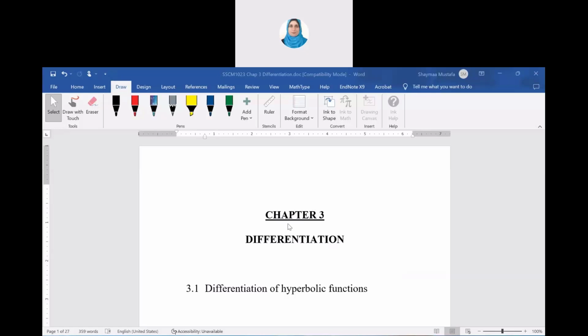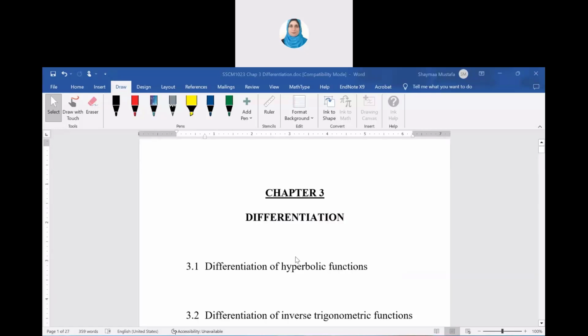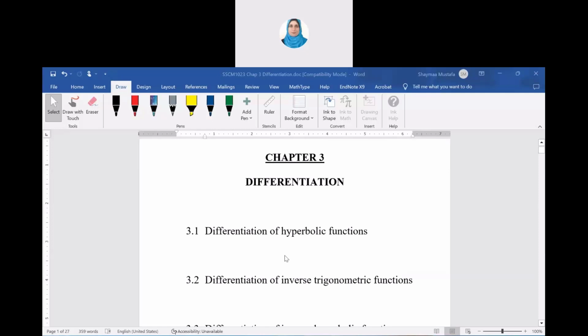Today we will start on chapter 3 about the differentiation or derivative of the functions. In chapter 2, we learned about the trigonometric function and hyperbolic function and their inverse.